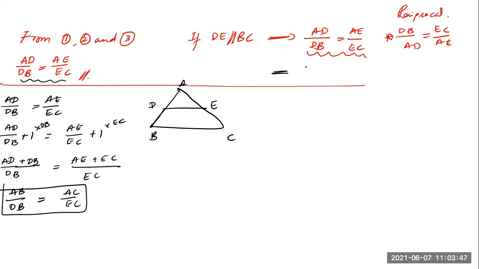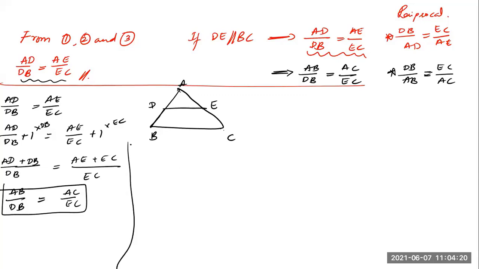So AB by DB is equal to AC by EC. And then afterwards, you can take the reciprocal also. The reciprocal is DB by AB is equal to EC by AC. So 4 ratios we got now here.